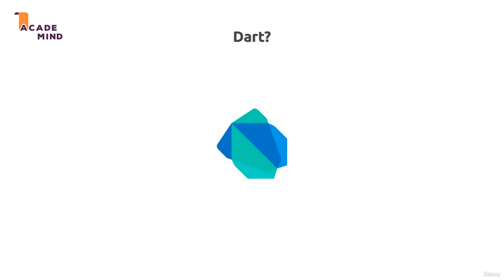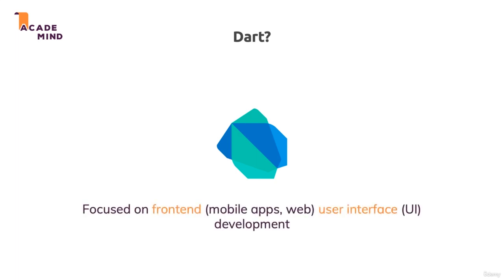Now, as I mentioned, Flutter uses a programming language called Dart. Dart is a programming language which is focused on building front-end user interfaces, front-end apps. It's not limited to building mobile apps, that's just what Flutter uses it for, but Dart is independent of Flutter, and you can also build web apps with Dart. But we'll not focus just on Dart here, we'll focus on Flutter and how it uses Dart.